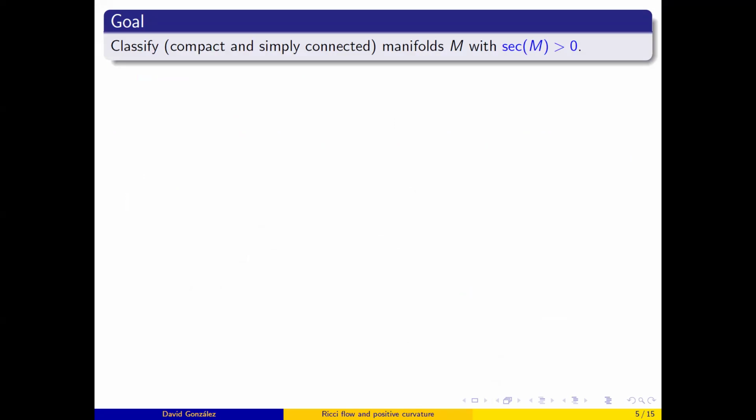Whenever you have a curvature condition, or a property of a manifold, I guess the goal is to classify which manifolds admit this condition and which do not. I'm going to restrict to the compact and simply connected case. So we want a classification, which is known in dimension 2.